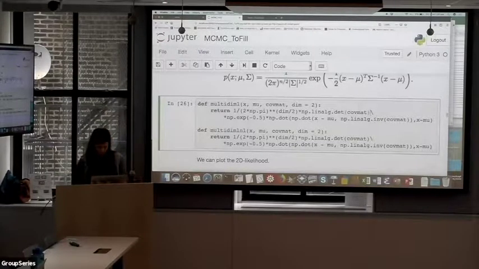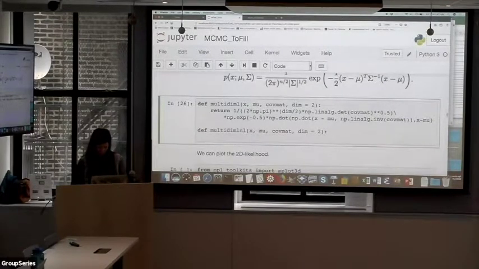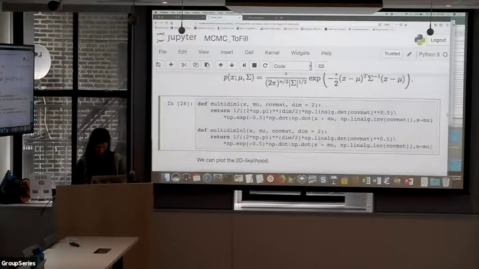Let me see. Divide by, yes, that's right. And actually, I also need to raise it to 0.5. Alright. Thank you. Okay. Copy it again. Okay, and so now I can take log of this.